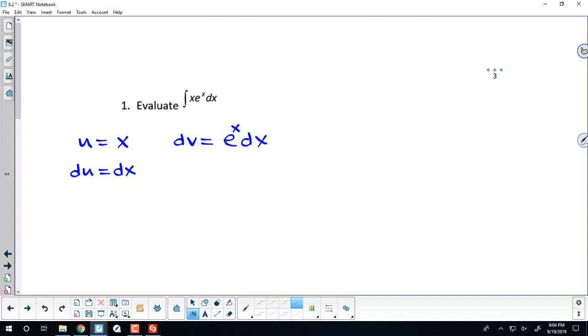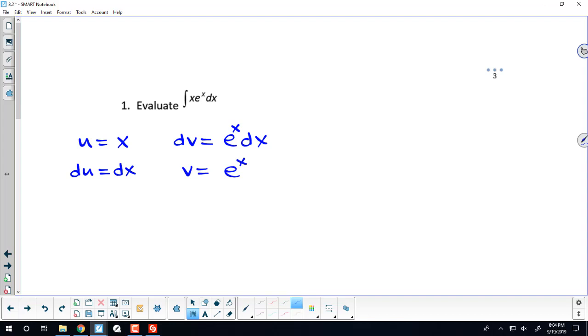And to get v, we have to take the antiderivative of e to the x dx. Is everybody all right with that? So derivatives and antiderivatives are involved in finding an antiderivative.